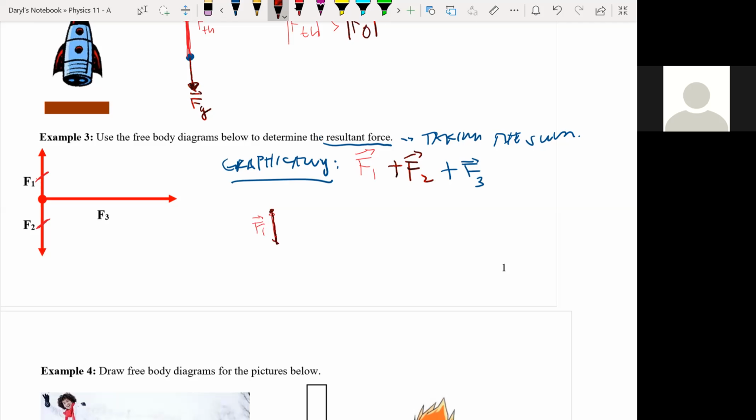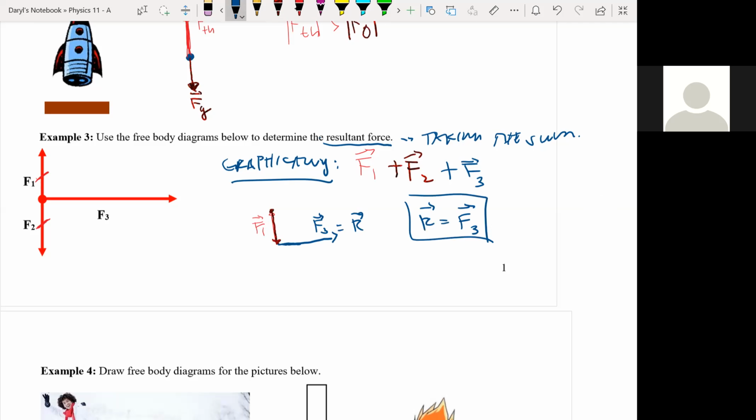Since they have equal magnitude, that just cancels out. And this is F3. So therefore, the resultant is just equivalent to F3. The resultant is just equal to the magnitude of F3 in this case, because if you can see, this is canceled out. So the resultant is just the sum.